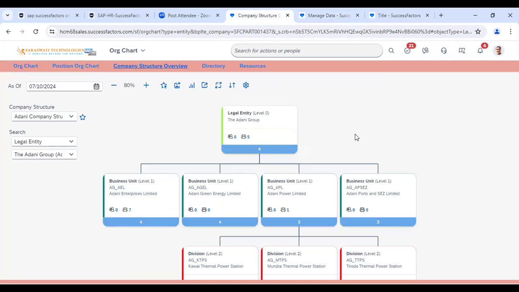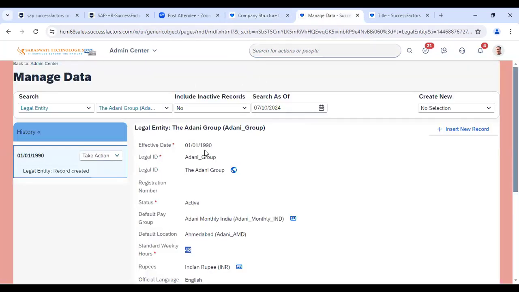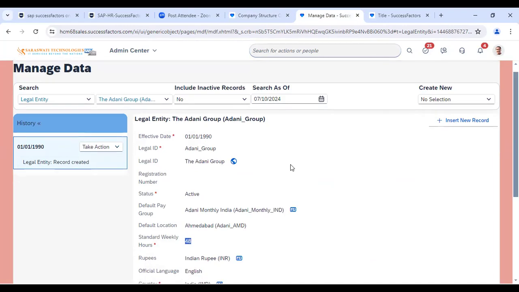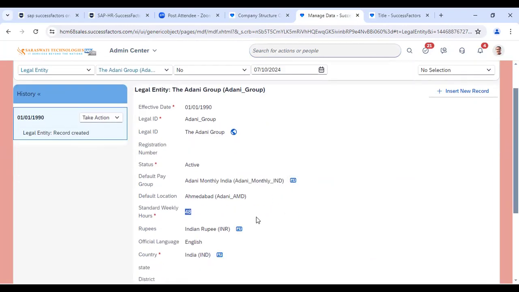That is the legal entity. Some clients will rename it as a company code. Legal entity and company code are the same. And this is the highest, the upper level of any org structure. So you need to first make the legal entity in the system.